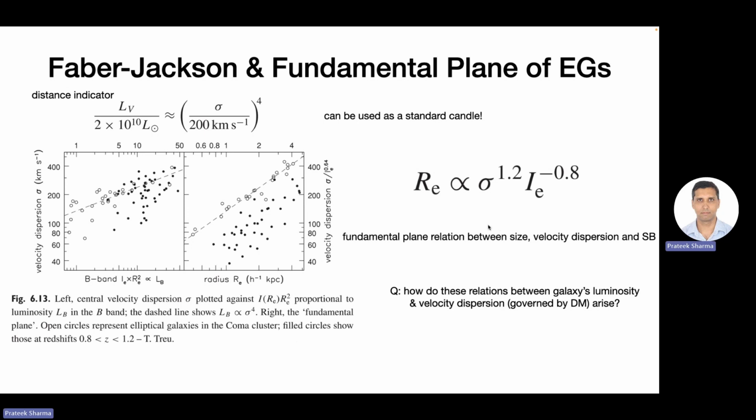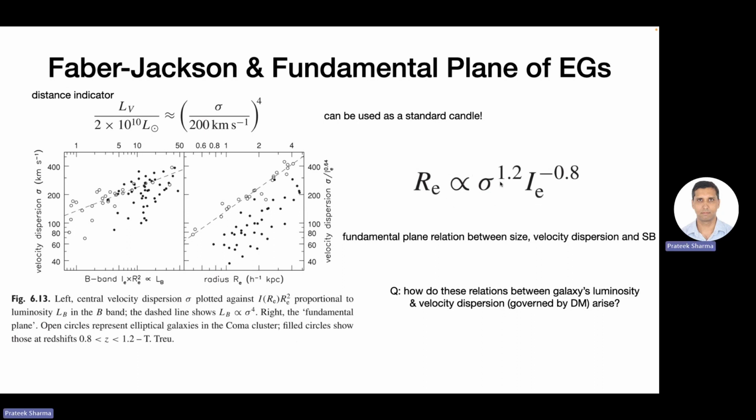So this is called the fundamental plane. Imagine three axes along RE, IE, and sigma. In principle, points can be randomly distributed. But it turns out that elliptical galaxies lie in a plane in this three-dimensional space. That is called the fundamental plane, and this is the equation of that plane.